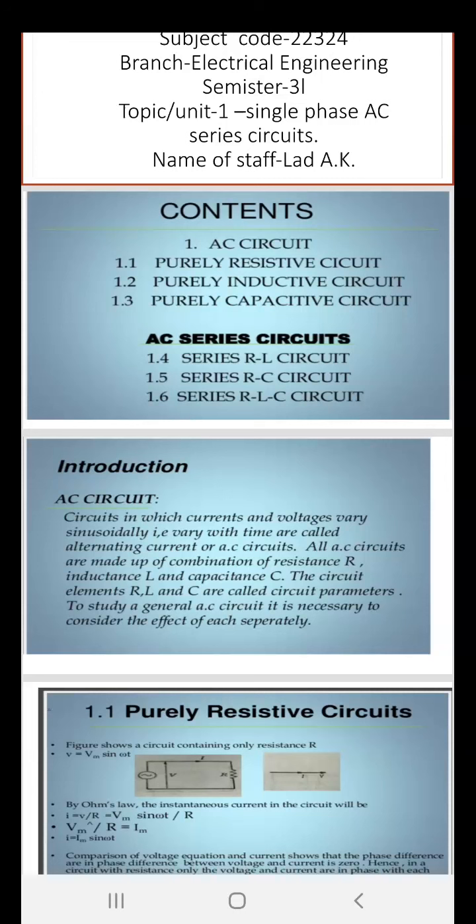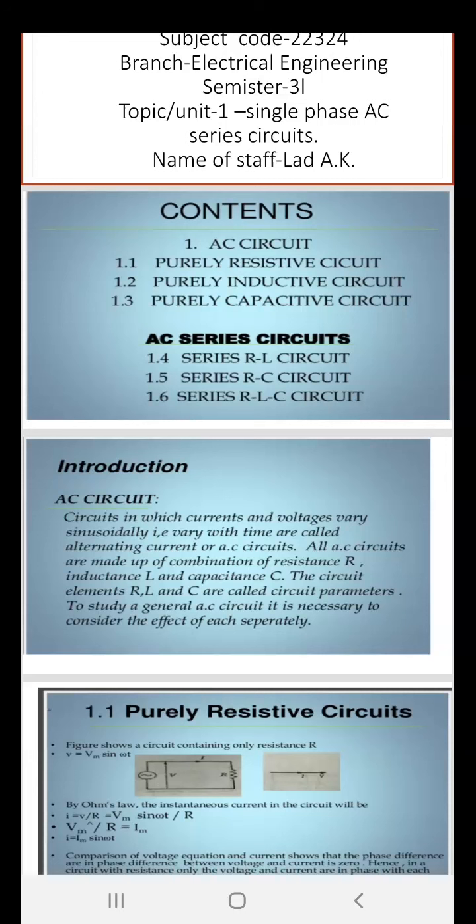A circuit in which current and voltage vary simultaneously, that is vary with time, is called an alternating current or AC circuit.